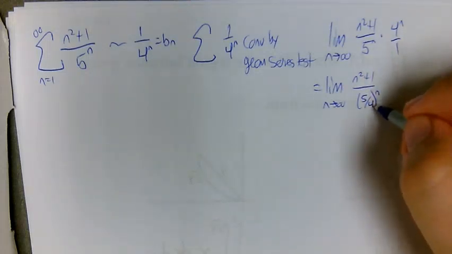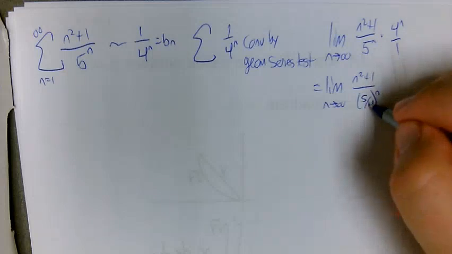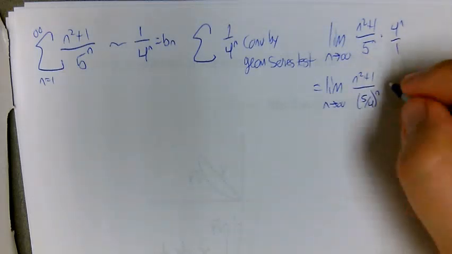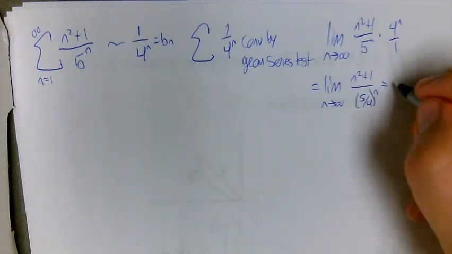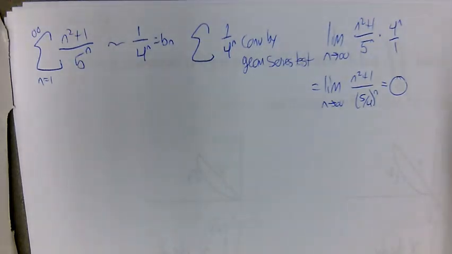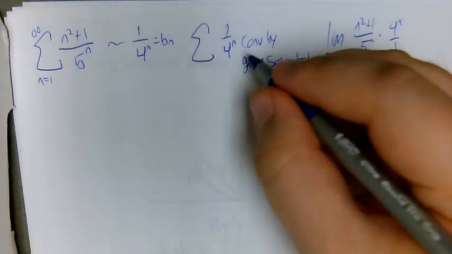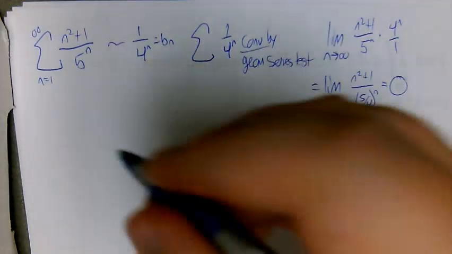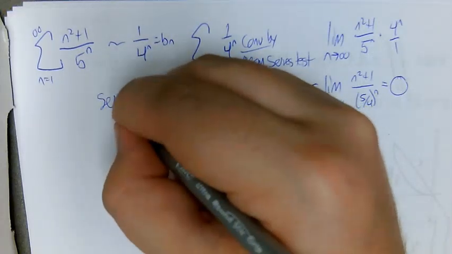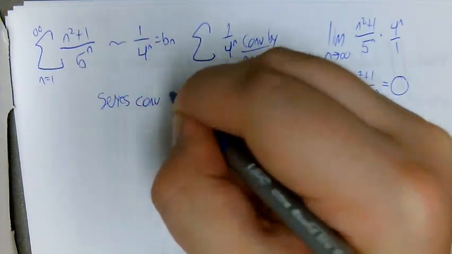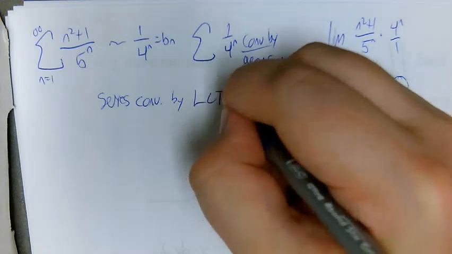Now 5/4 is bigger than 1, so this is an exponential function on the bottom, polynomial on the top. Even though it's a square this time, it's still going to lose out. Since we got 0 and we're trying to show convergence, then we know that this series converges by the limit comparison test.